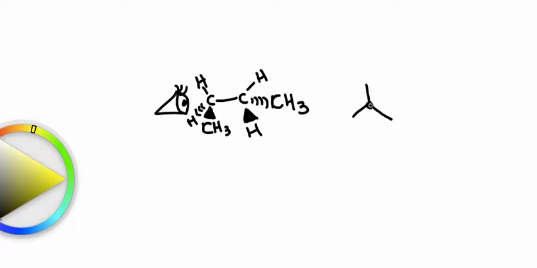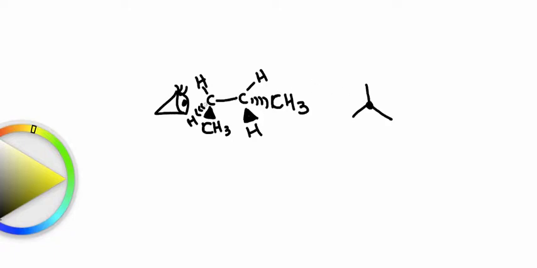And this would essentially indicate that that's our central carbon right here. This carbon here, we won't see. We will be able to represent these groups in our image, our Newman projection. However, we won't be able to see this actual carbon in this bond right here.